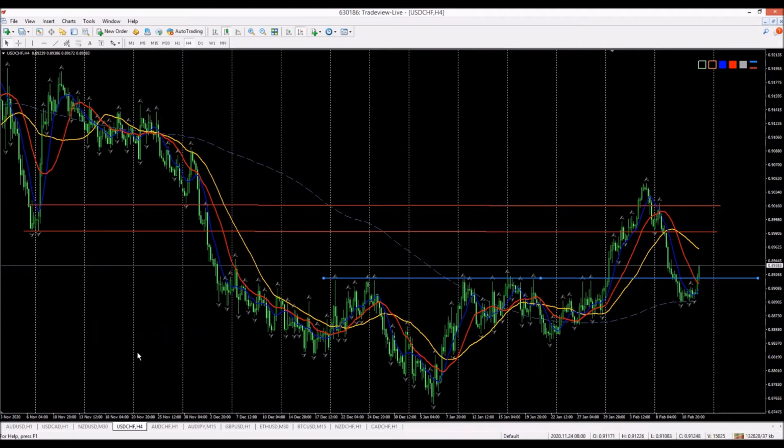That would be an ICT order block. That's how the ICT order block works. Now, price goes right through it, right? So then it becomes a mitigation block. Price goes right through it. When price comes back to it, you trade it short.